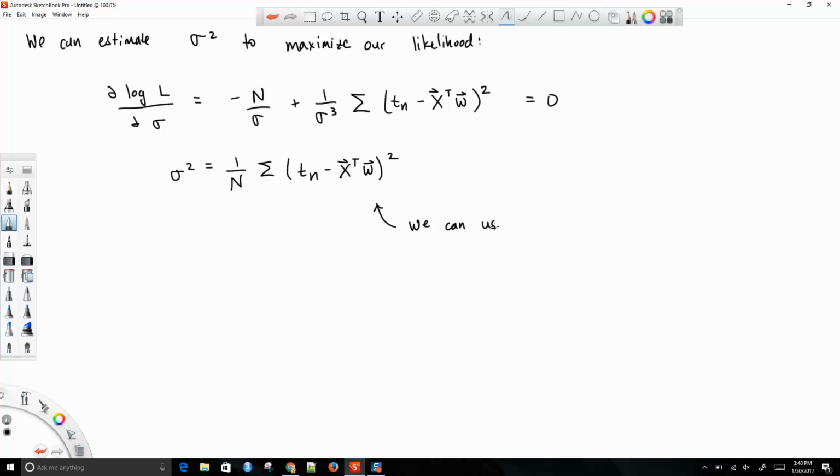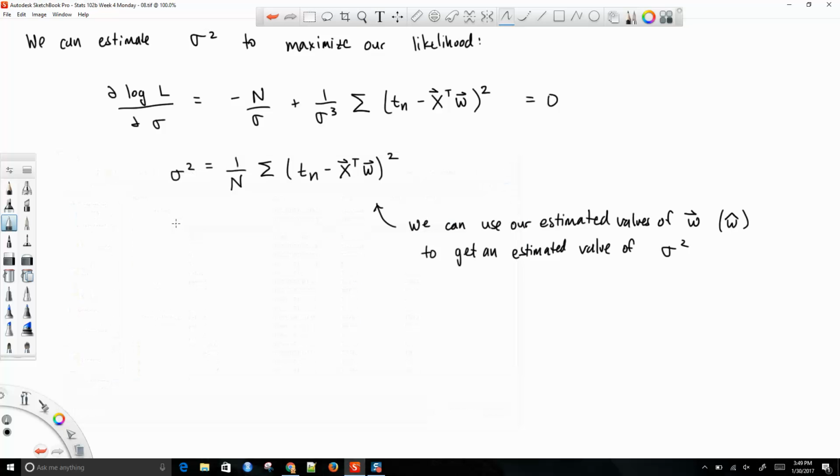Then we can use our estimated values of w, which are w hat, to get an estimated value of sigma. So this will be the value of sigma squared that maximizes our log likelihood.